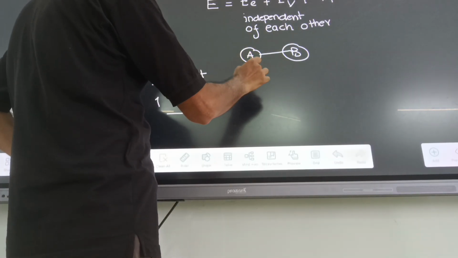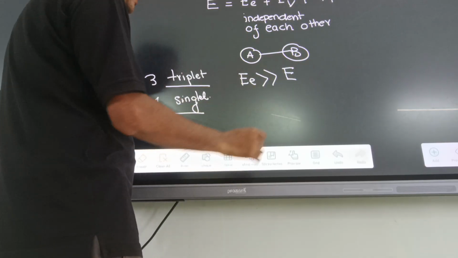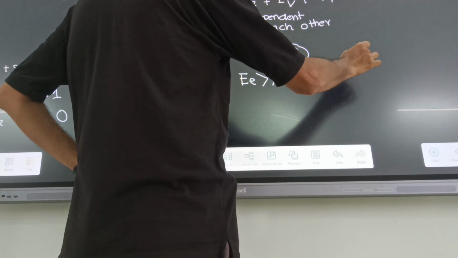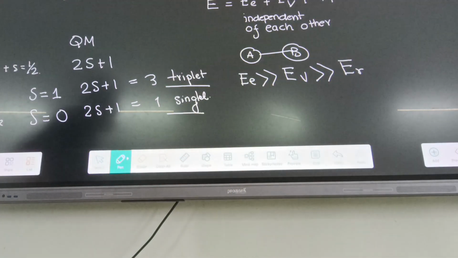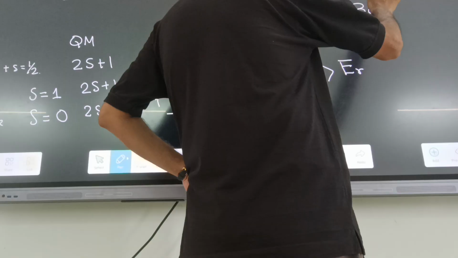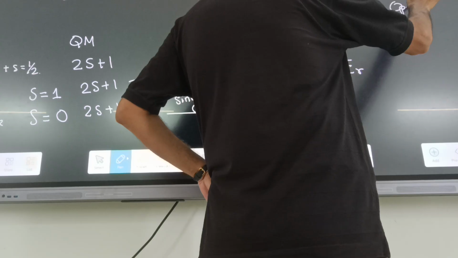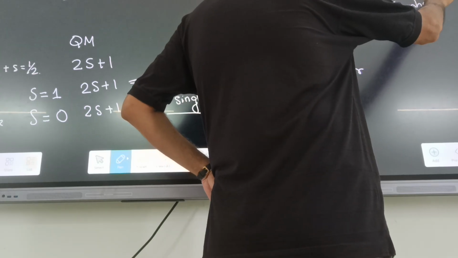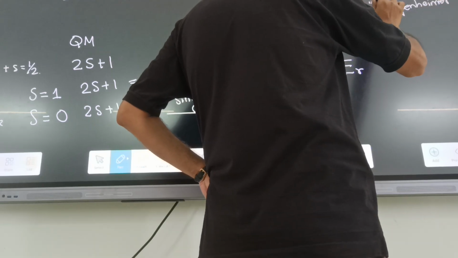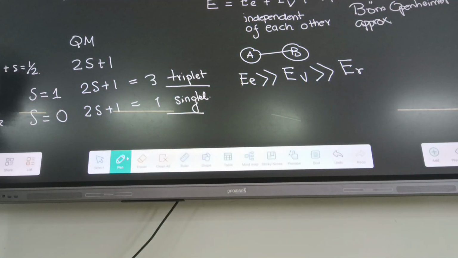Electronic energy is much higher than vibrational energy, and this is much higher than rotational energy. जो independent of each other है, this is also known as Born Oppenheimer approximation.